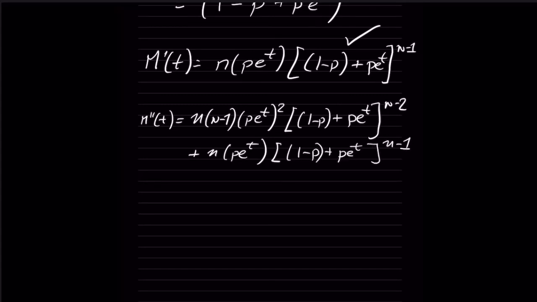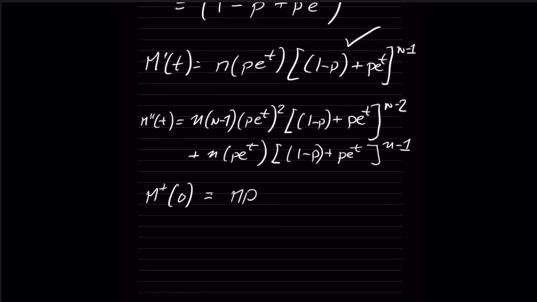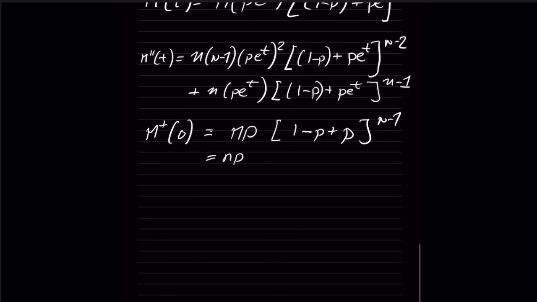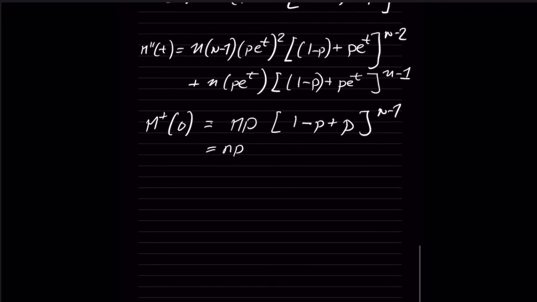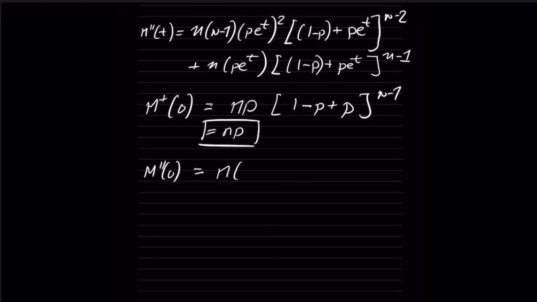Setting t to 0 in the first case, we just get np times 1 minus p plus p to the n minus 1, which is of course np. And setting t to 0 in the second derivative, we get n minus 1 n p squared plus np.